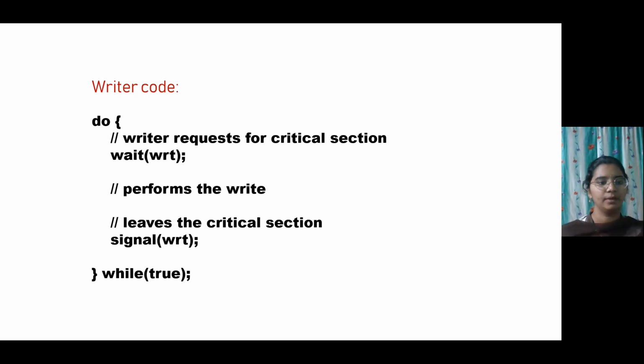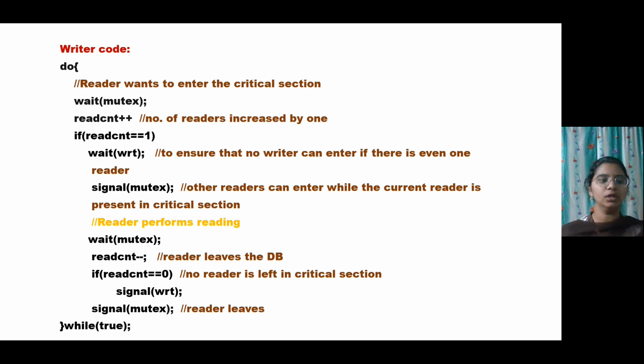And when it comes to the reader code, let us consider that a reader is performing a read operation in the critical section, and the second process that requested the shared database is a writer. That means a reader process already got hold of the write semaphore.